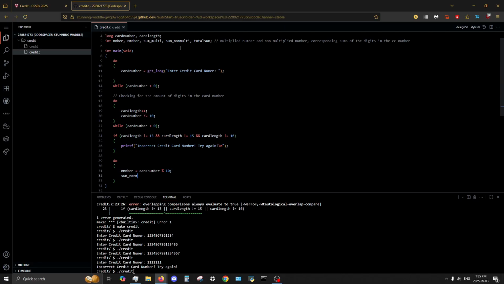Sum of non-multi is equal to, so I need to add it to the non-multiplied number.